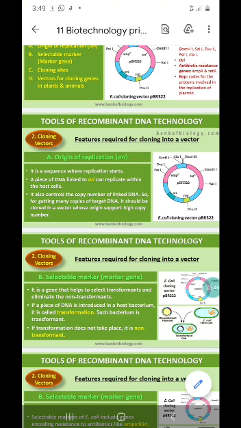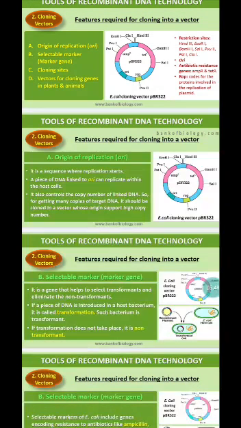Which bacteria is favorable for us to use for recombinant work, the one with one plasmid, 10 plasmids, or 100 plasmids? Definitely 100 plasmids, right? Because the ORI is the one which controls this number.